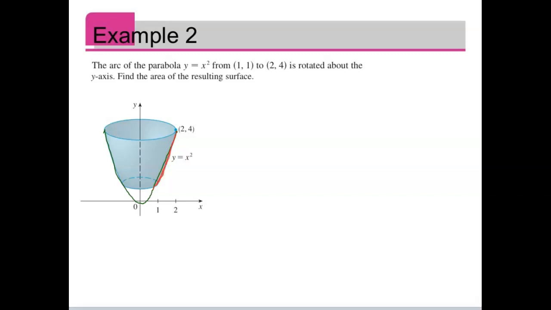We're going to rotate that around the y-axis to make what kind of looks like a frustum, although not a frustum, because a frustum of a cone would have a flat slant, and this has a curved slant. We want to find that surface area.